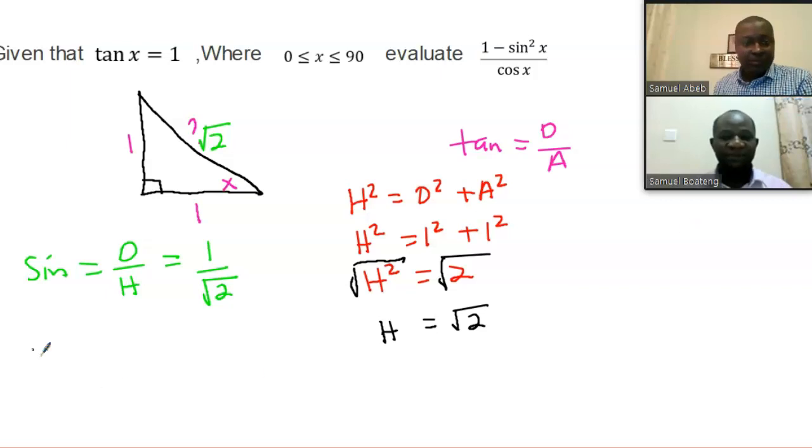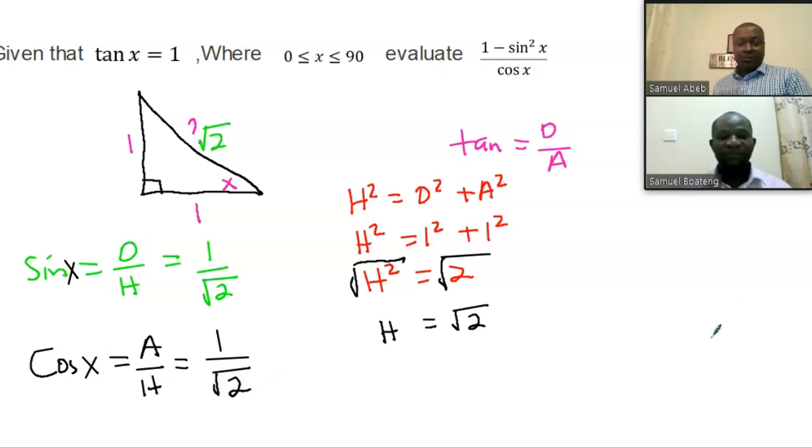Then let's check cos x, which is adjacent over hypotenuse. From the diagram, the adjacent side is 1 and the hypotenuse is root 2.